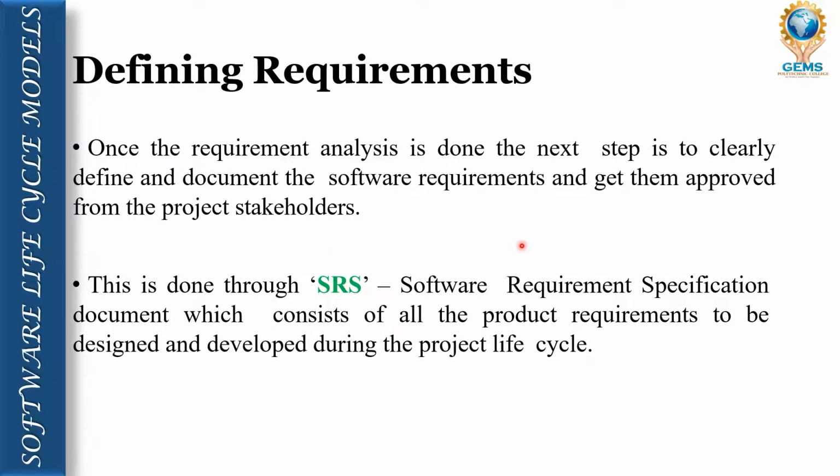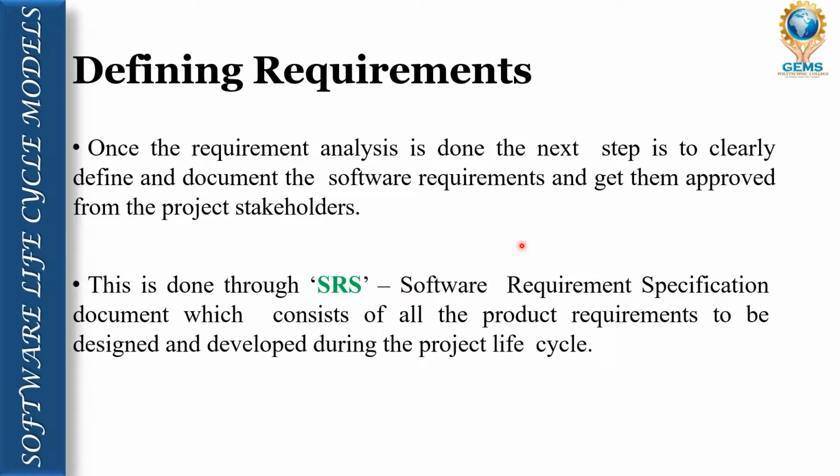Now, defining the requirements. When we analyze the requirement, now we will define the requirements. So, once the requirement analysis is done, the next step is to define and document. What is the next step? Requirement analysis is done. Then next we are going to define it, and what we define, we are going to document it.